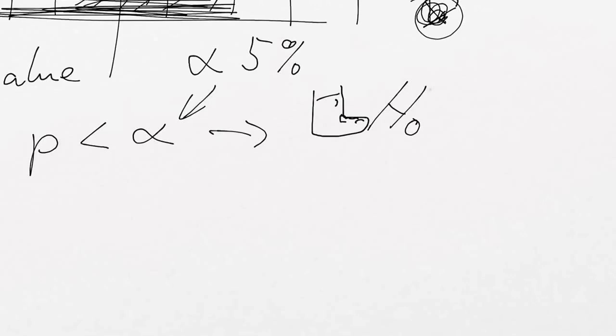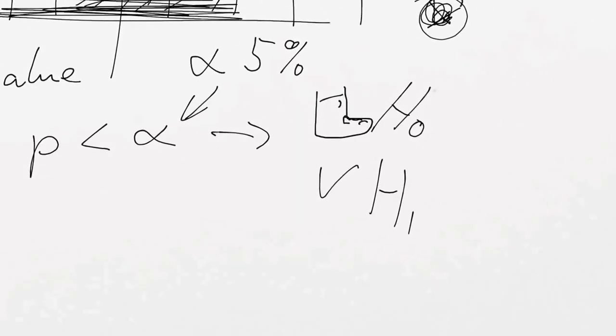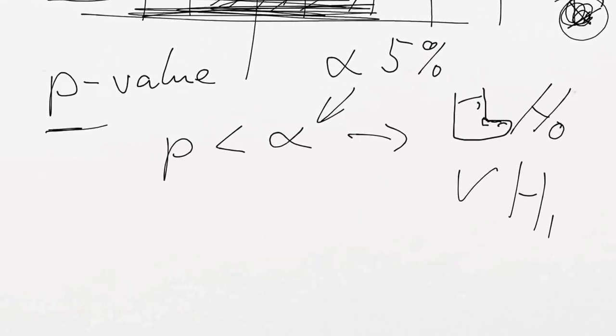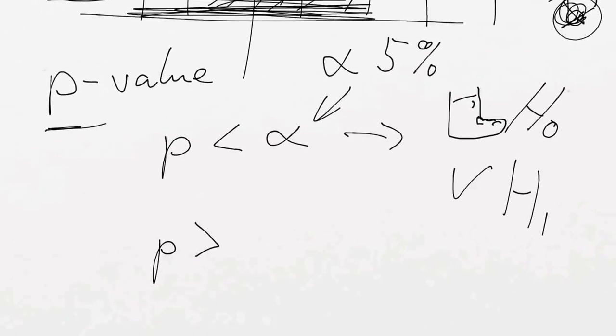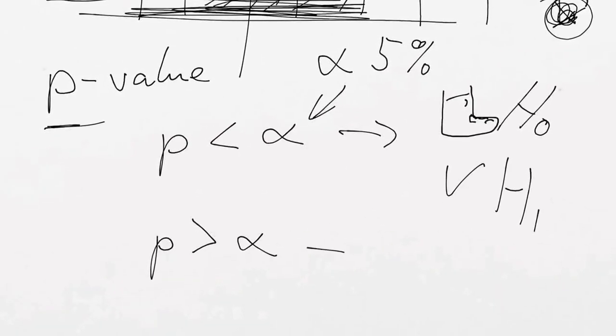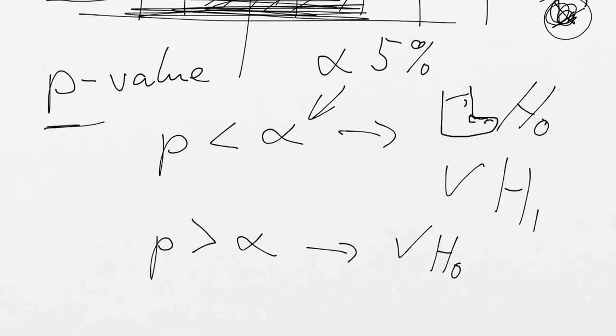But if p is smaller than alpha, then this null hypothesis is not right, and I have to accept the alternative hypothesis. On the other hand, if p is larger than alpha, I can accept h0, and I don't have to think about h1, because if I accept h0, h1 can't be right. Does that make sense?